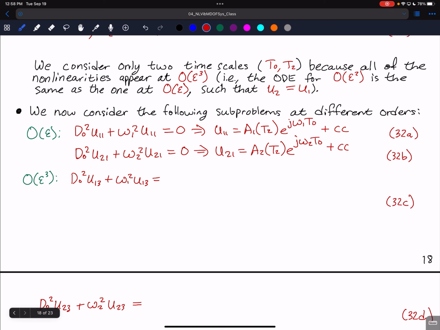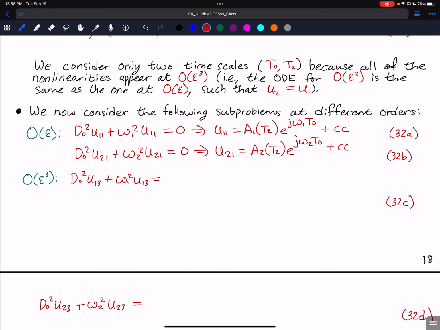All right, we're going to write out the equations at order epsilon cubed, and we won't substitute in the solutions for U11 or U21 yet. That's on the next page, and I've left that in.